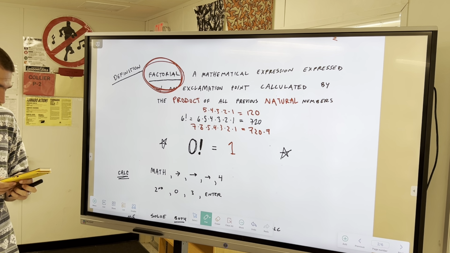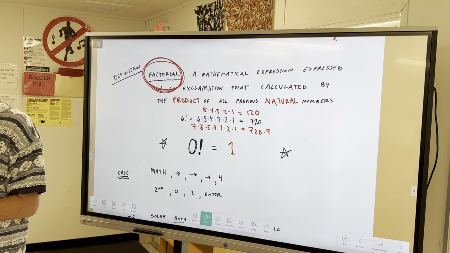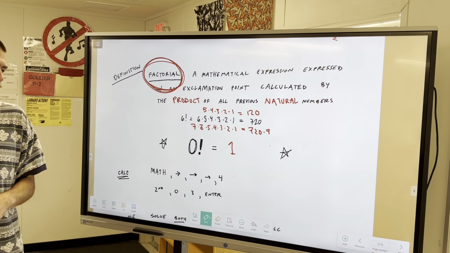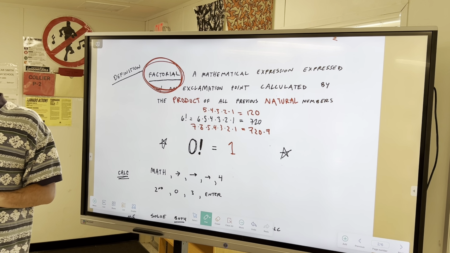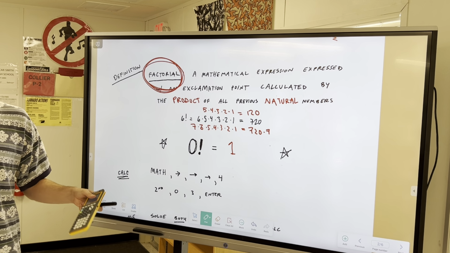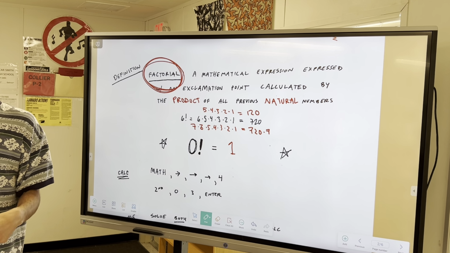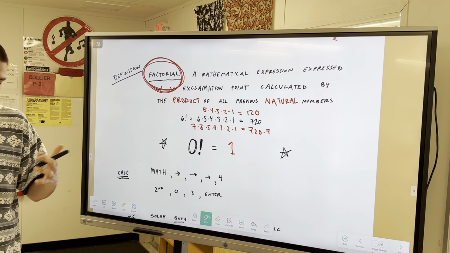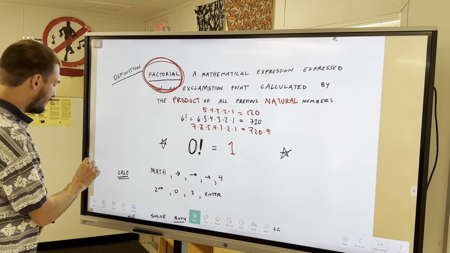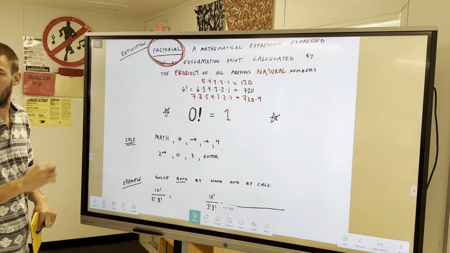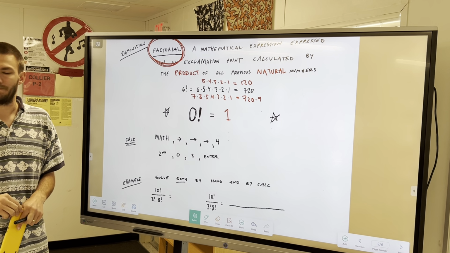Second, 0, 3, enter. It's a fancy way to go through the catalog and get it. Either way, they both work fine. Honestly, the first one's probably better, the math over 4, because that just gets you where the rest of those probability things are. Any issues? Was everybody able to find the exclamation mark, the factorial button in the calculator?